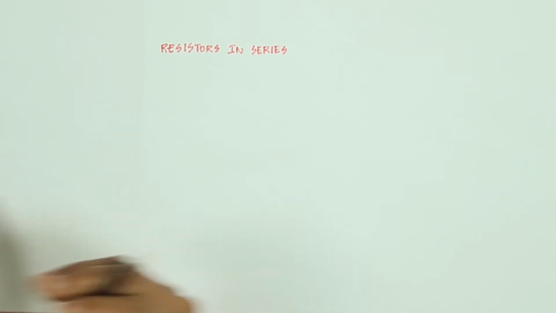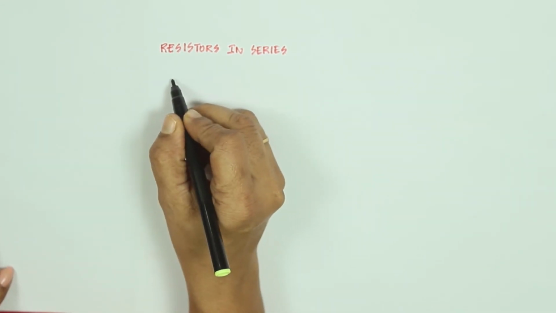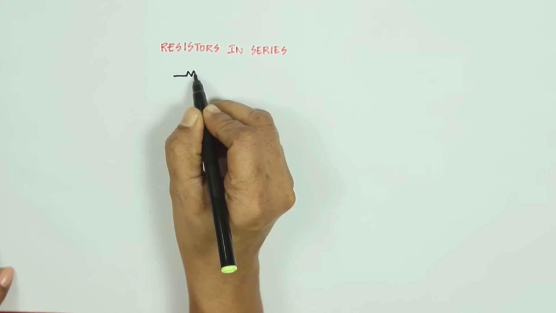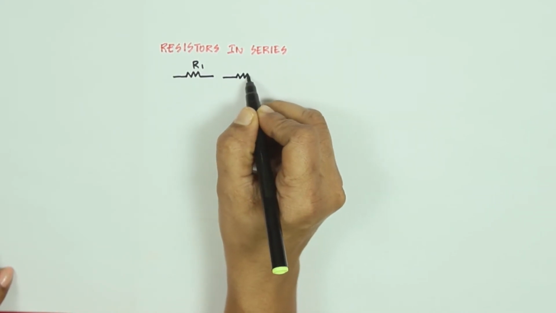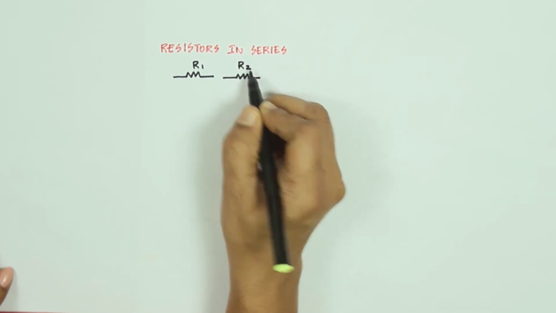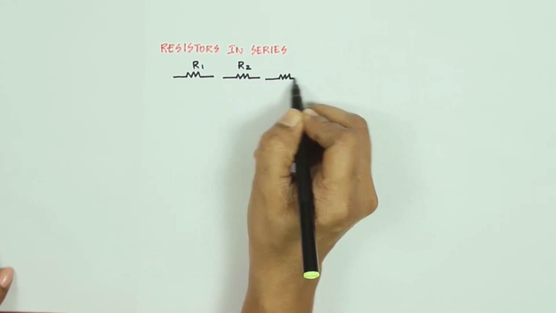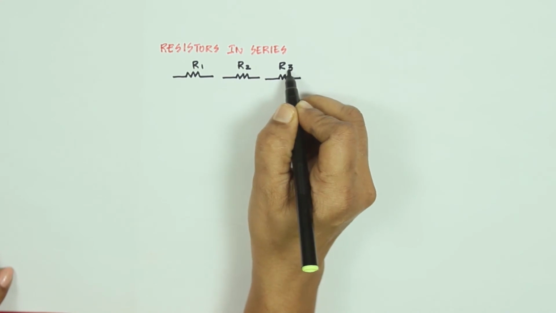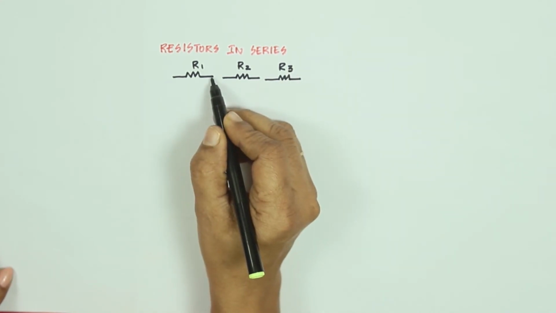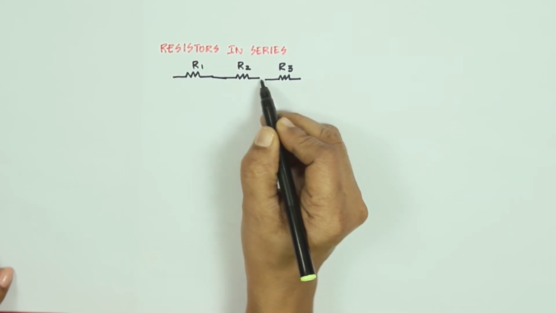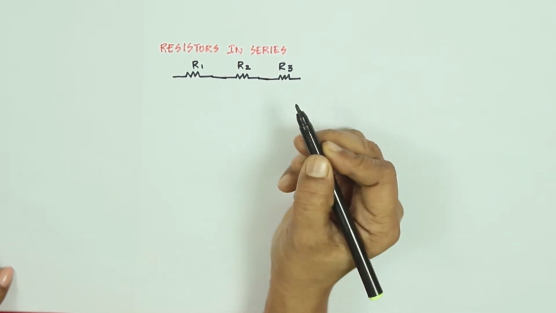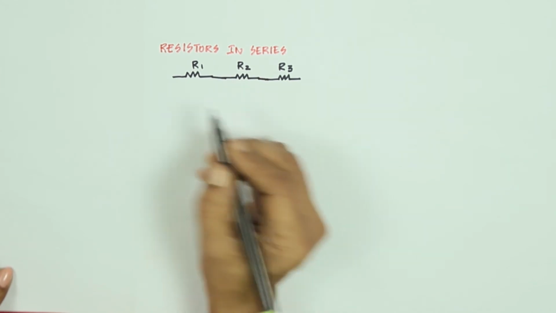End-to-end connection is called a series connection. So we are going to take 3 resistors, R1, another resistor R2 and another resistor R3. In a series connection, one end of R1 is connected to one end of R2. The other end of R2 is connected to one end of R3. This is called a series connection.